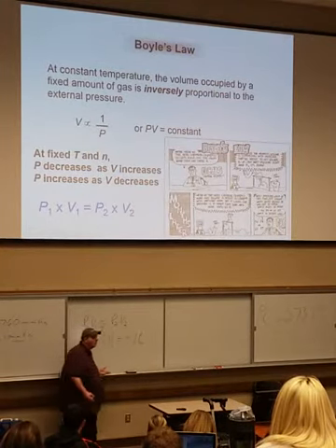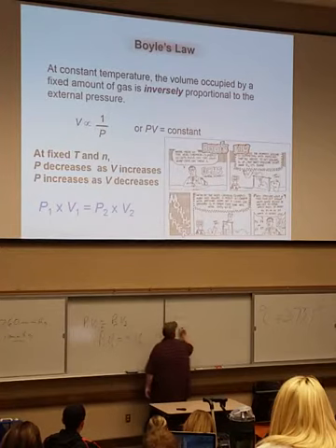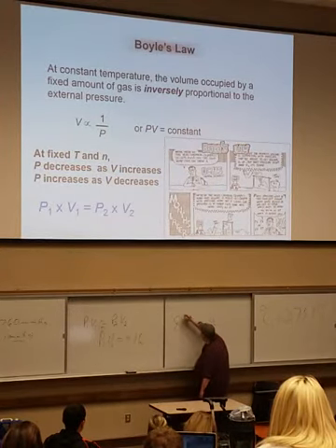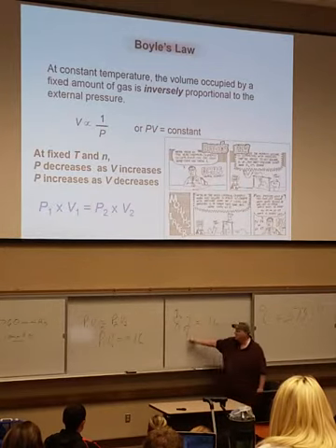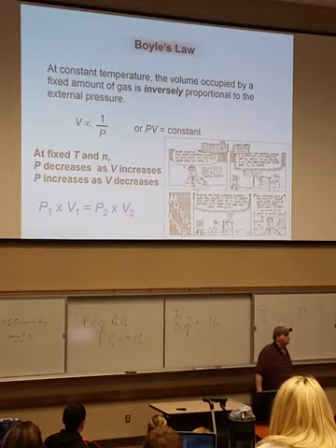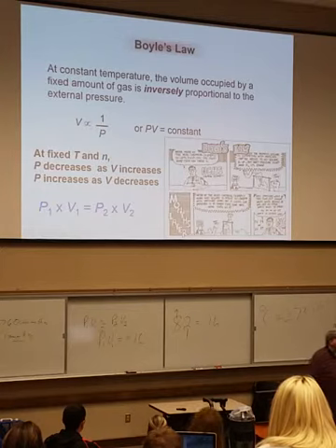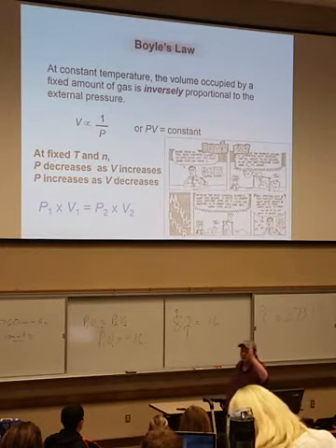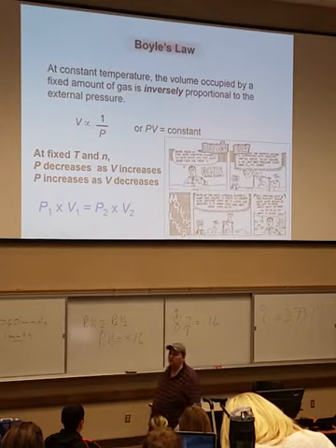It's got to go down. If you don't see that, 8 times 2 is 16. If I make 8 a bigger number, that's got to drop in order to equal 16. That's called an inverse relationship. That means as we increase one variable, the other variable has to go down, and vice versa.